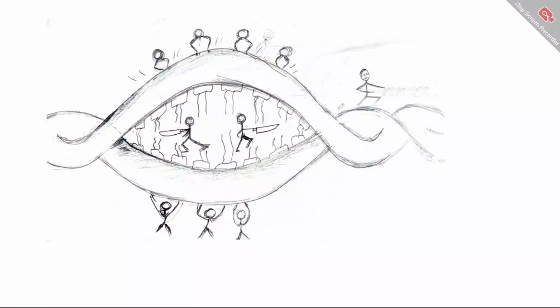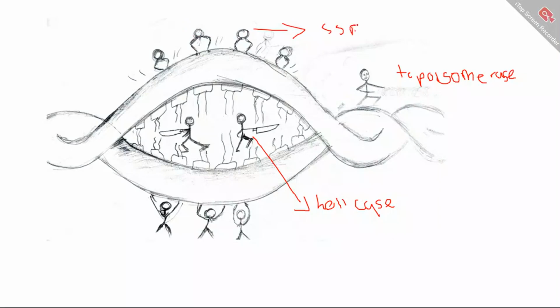So what we are saying here is this: we already know that this one is the helicase, this one is the topoisomerase, and this one is the single strand binding protein.